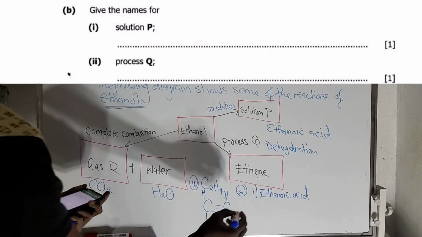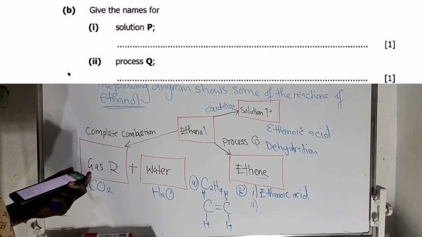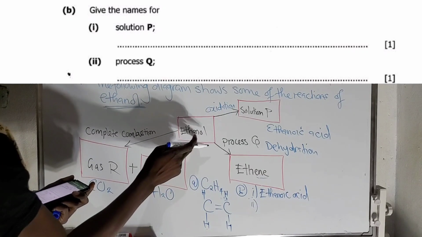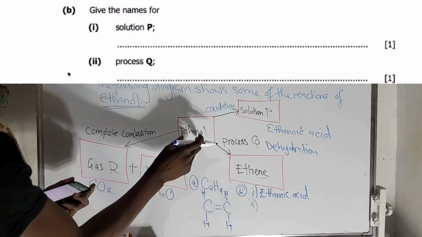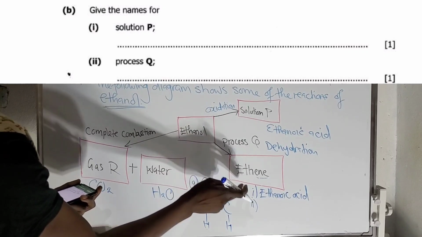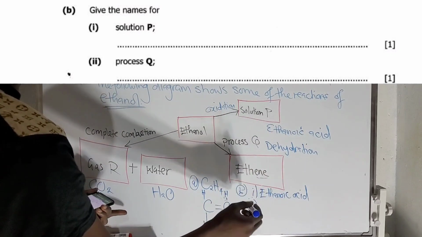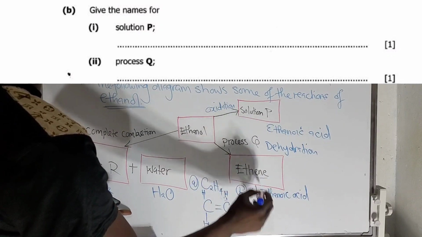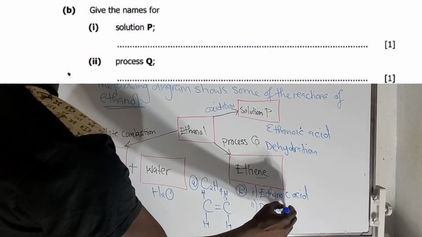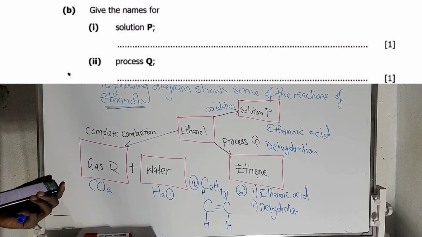Number two, give the name of process Q. So this is dehydration. When water is removed from ethanol, you form ethene and steam. So the process is called dehydration.